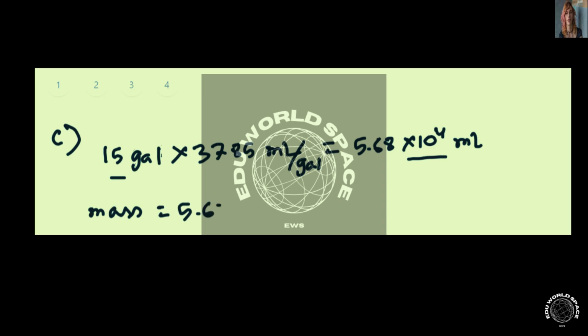Volume here is 5.68 times 10 to the power 4 ml, and the density is given as 0.692 gram per ml.